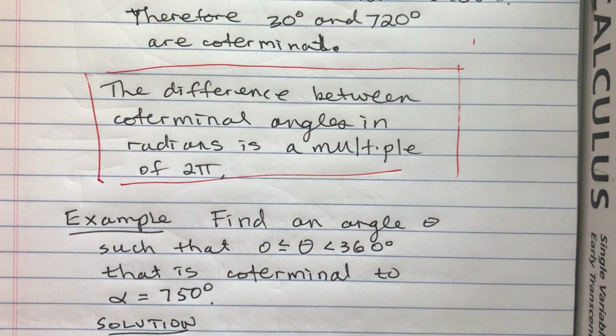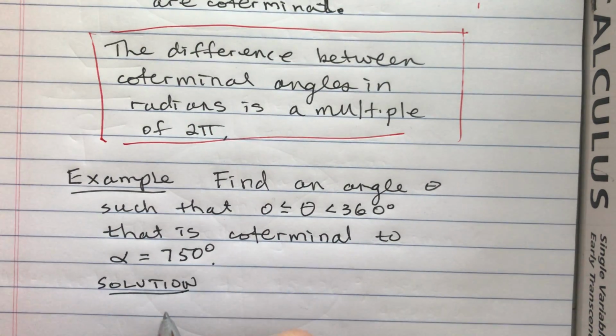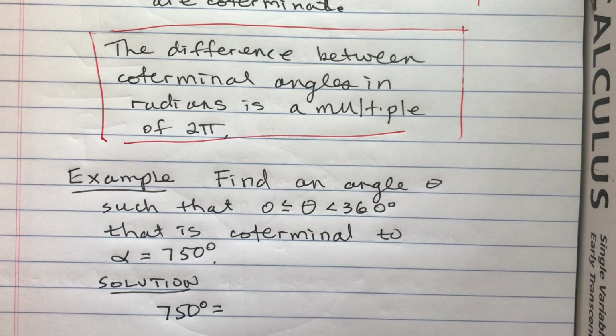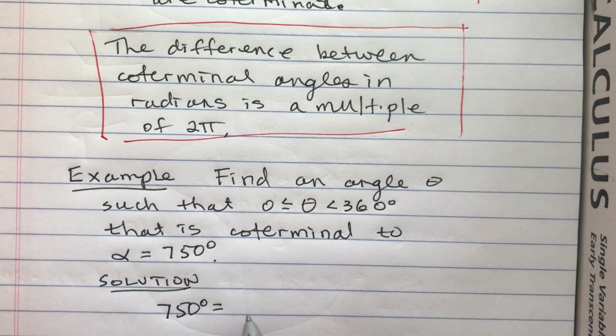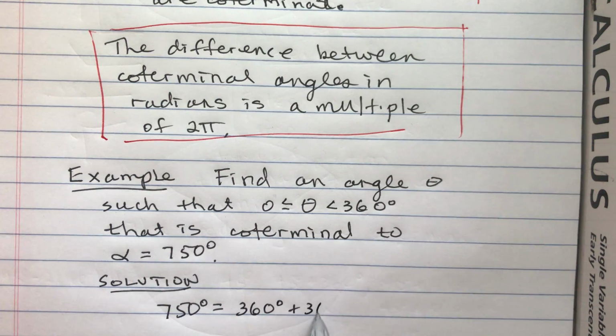So first of all, you can sort of do it in your head and see what's going on. You can see that 750 degrees is 360 plus 360, which makes 720, plus another 30 degrees.